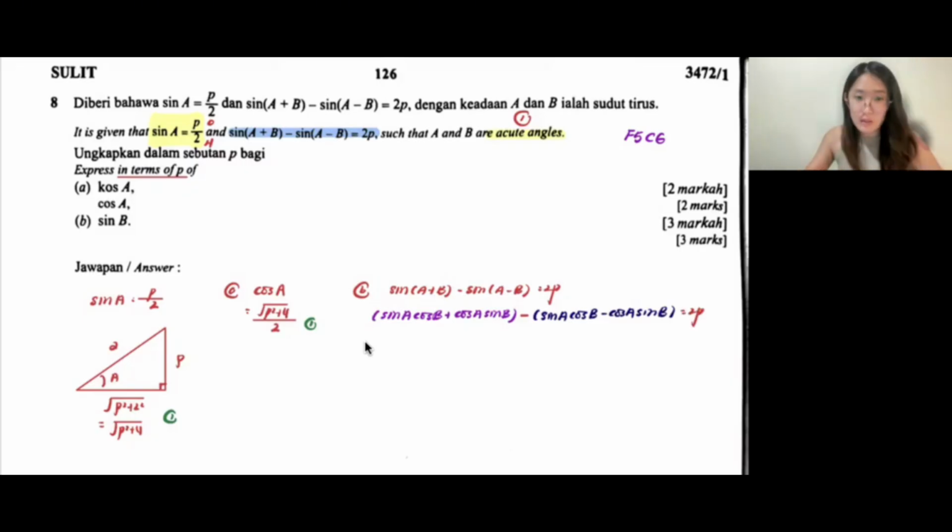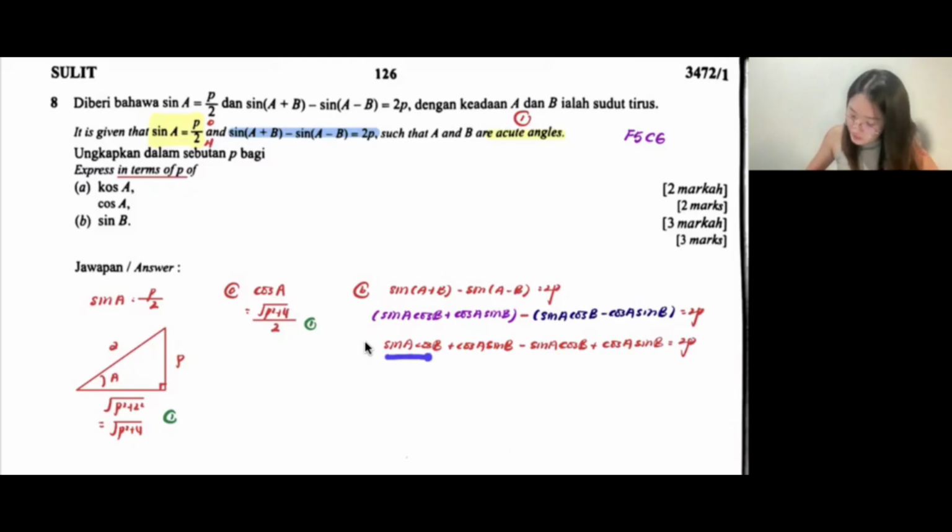So we're going to expand the bracket and see how we can simplify things. Sine A cos B plus cos A sine B, minus sine A cos B. Negative, negative, positive here, so plus cos A sine B, equals 2p.